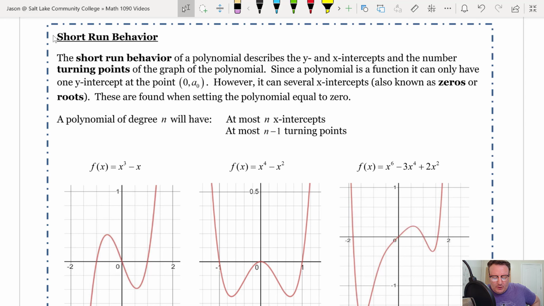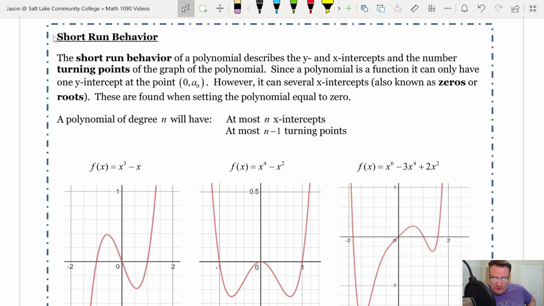And also the number of turning points of the graph of the polynomial. Since a polynomial is a function, it can only have one y-intercept. That is true of all polynomials. However, it can have several x-intercepts, also known as zeros or roots. These are found when setting the polynomial equal to 0.